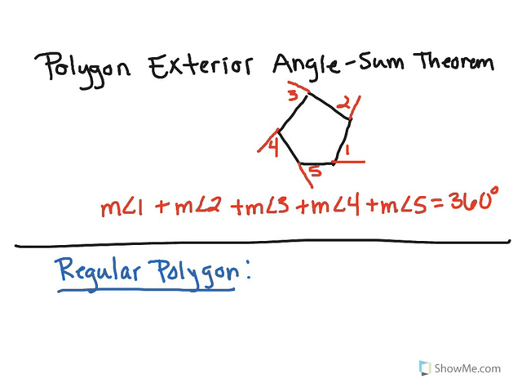And the very last thing I want to talk to you about is something called a regular polygon. Regular polygons are really useful because we see them a lot, and they're just considered to be very nice to look at. So a regular polygon has two characteristics. One is that it is equilateral and equiangular.